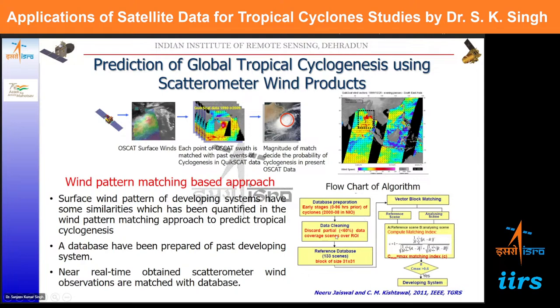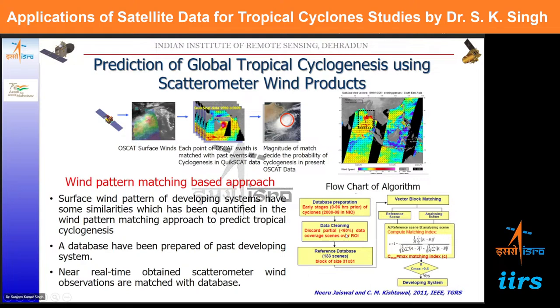In the data cleaning, because QuikSCAT is a polar satellite, sometimes the pass over the tropical cyclone does not cover the whole cyclone, or if the cyclone is going to hit land, the pass does not cover the full size of the tropical cyclone. So they considered the data only if the pass covered more than 60%.